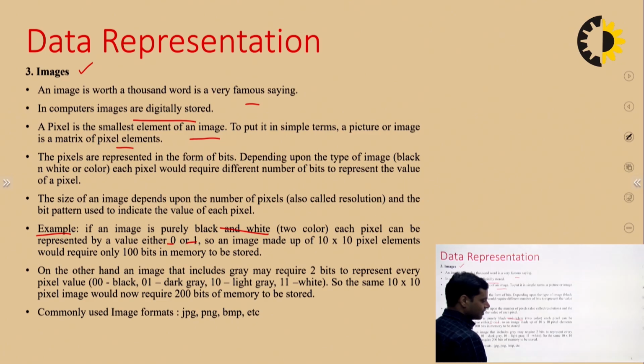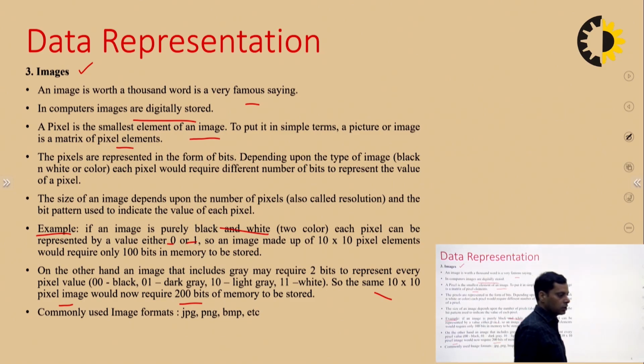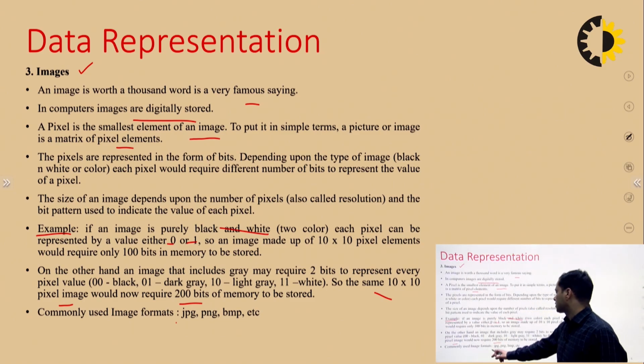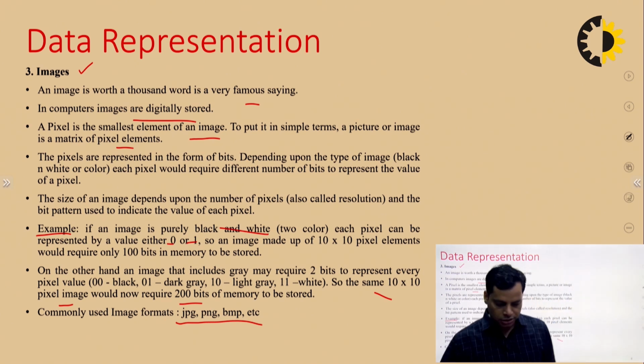So it can be digitally stored. The same 10 by 10 pixel image would now require 200 bits of memory. Commonly used formats for images are JPG, PNG, BMP, etc.